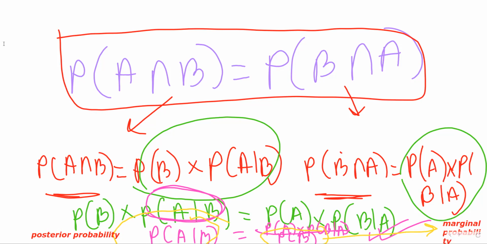And this is called the likelihood, and this is called the prior probability.